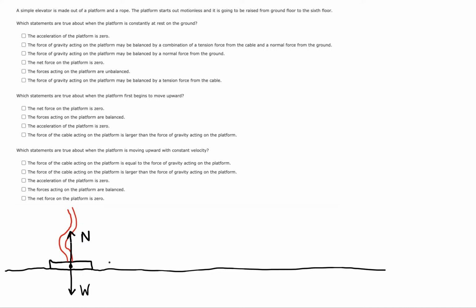But then what can happen is the rope can tighten. We can start to get some tension in that rope, but it doesn't automatically take over the job right away. It could be that it just goes slightly taut, and let's say now there is some tension in it.